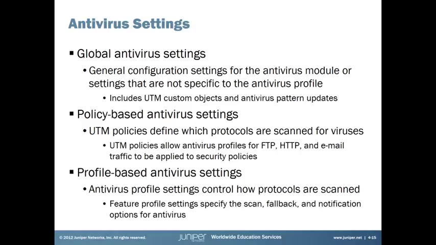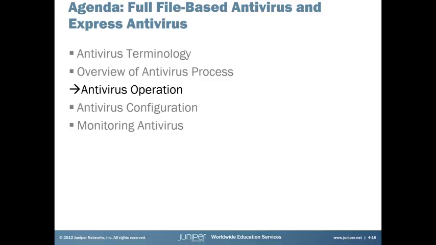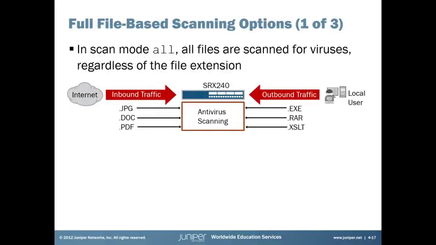So things like what happens if we can't open a particular, we can't reassemble a particular application. What happens if it takes too long to reassemble a particular bit of application that we're trying to scan? So there's a whole lot of parameters in there that you can set up to specify what happens in certain events. So I'm just going to take a look at some of these here.